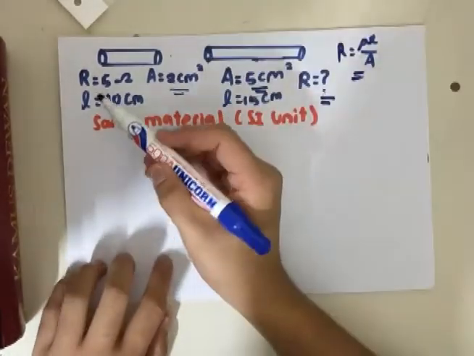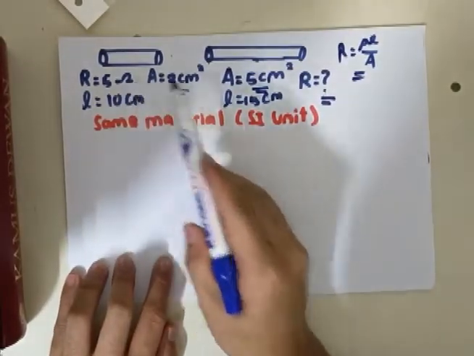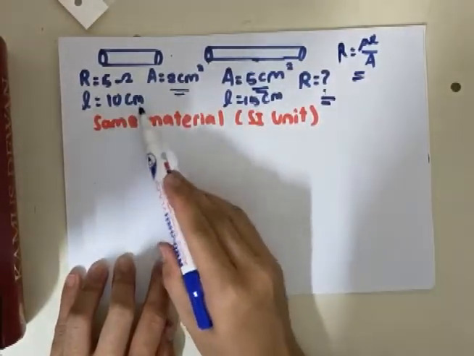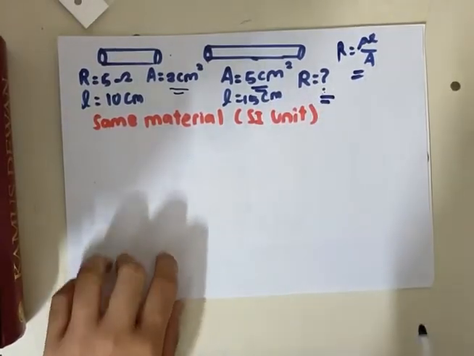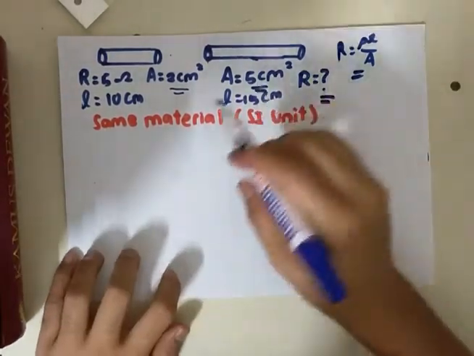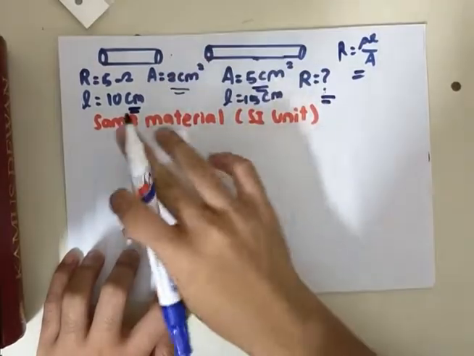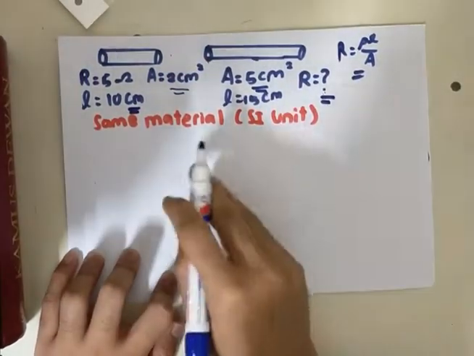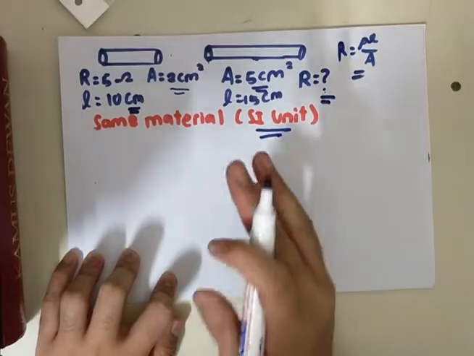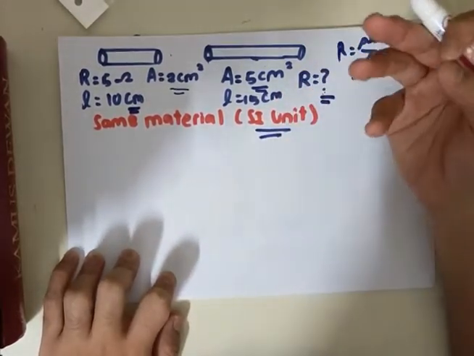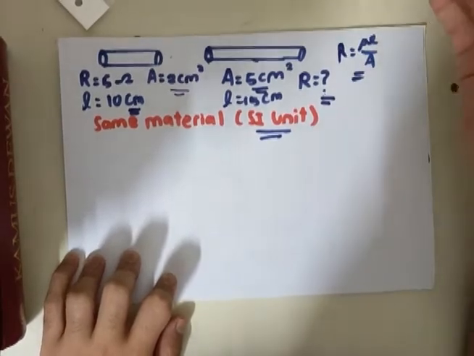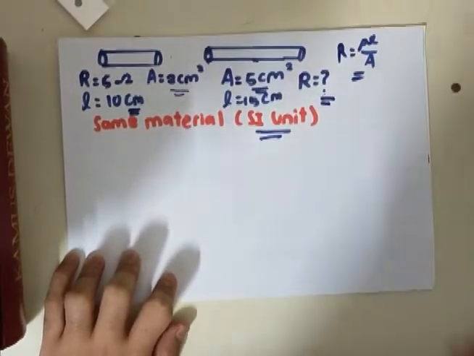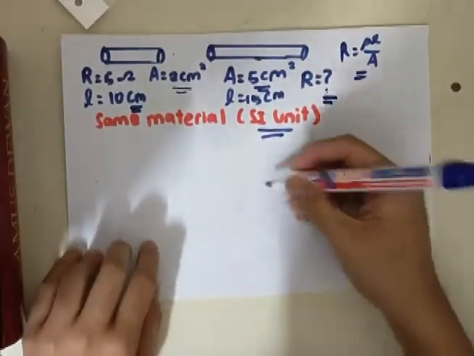Here I give you 5 ohm as the resistance, area 2 cm squared, 10 cm, 5 cm squared, 15 cm, and I have to find the resistance. What I have to do first is convert all these units into SI units. Remember, it's very important. If you don't convert to SI units, you may get the wrong answer. Even if you get the correct answer, it is still the wrong way of doing it. So here we go.